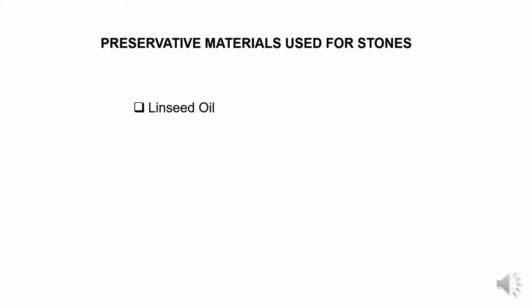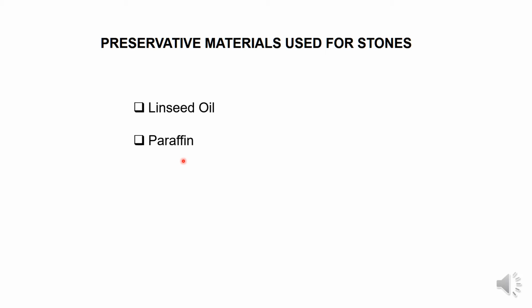Linseed oil is one of the preservative material which is used for applying on stones. It is used both in cold and boiled form. Boiled linseed oil will change the appearance of stone to a darker shade. Paraffin is the another preservative material used for stone.